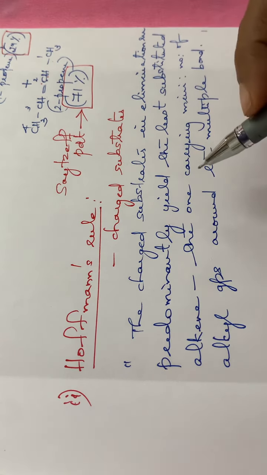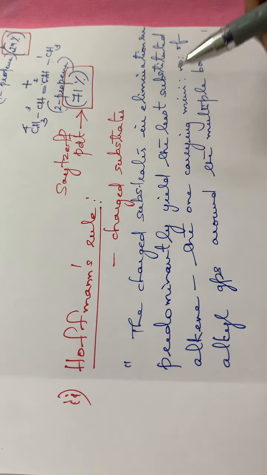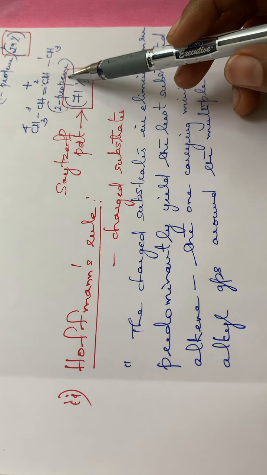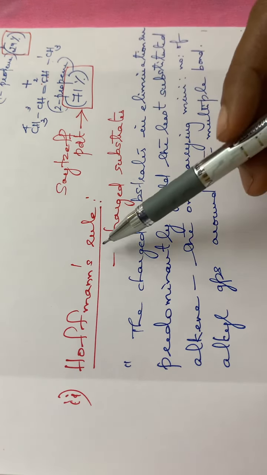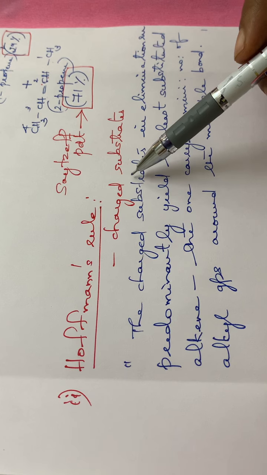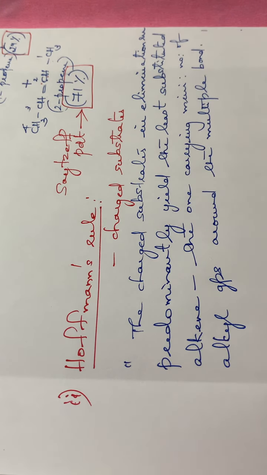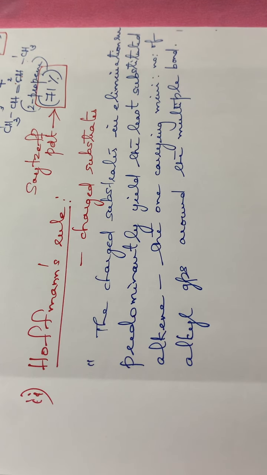Okay, so Hofmann's and Zaitsev's are just the opposite cases. In Zaitsev's, neutral substrates, and the most substituted alkene will be the product, and Hofmann's is followed in charged substrates, and the least substituted alkene will be the product. Let us go through one example.